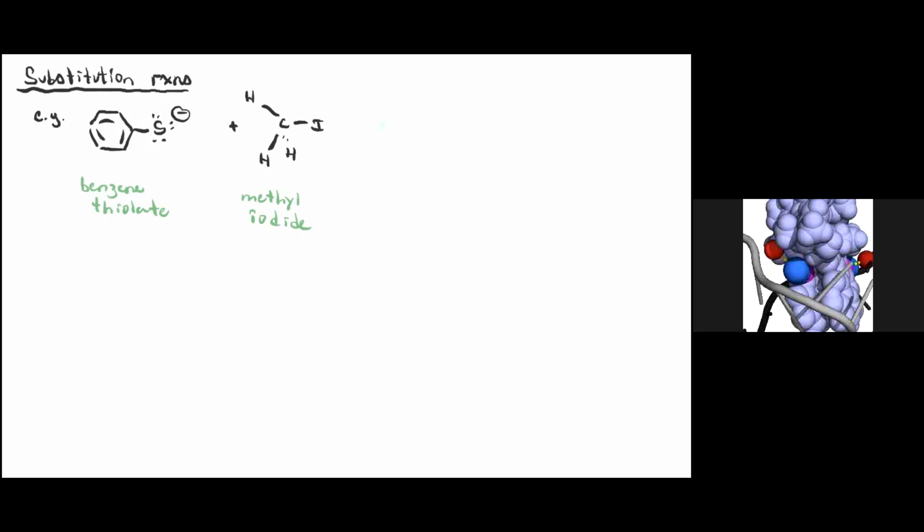And if these two things are mixed together, a reaction occurs where the benzene thiolate substitutes the iodide. Okay, so in the product, we end up with what we call sulfide and iodide anion.